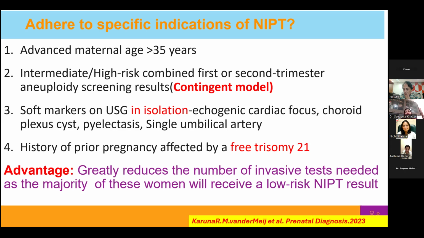It's the patient's choice if they really want to go, because American guidelines and many guidelines say NIPT for all. In the Indian scenario, if we have done the combined first trimester screening, I think that is mostly enough for all our patients. But if the patient is willing for NIPT, we cannot say that it is not a good test for trisomy 21, at least.